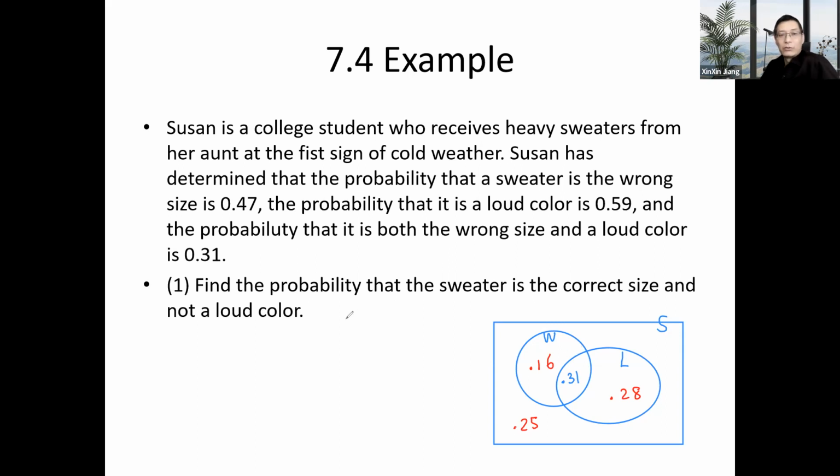Well, actually, it's the good ones, which means outside. So you can directly say the answer is 0.25. You show the Venn diagram, then you show steps and details, and we would accept the answer. Without the Venn diagram, the answer is not very good. I want to see some more evidence.